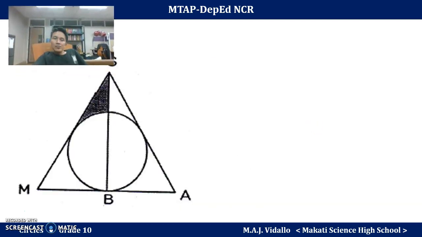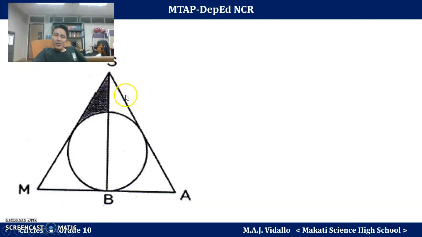Okay, let me enlarge the figure. Again, let's emphasize that this triangle here is an equilateral triangle, and this circle C is inscribed on the said triangle.